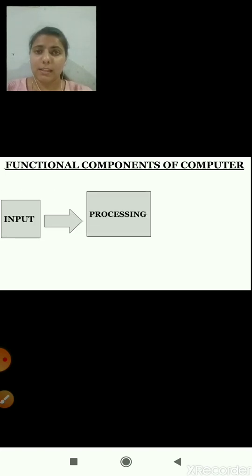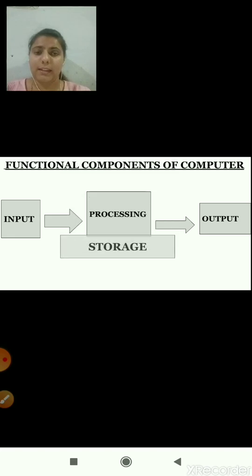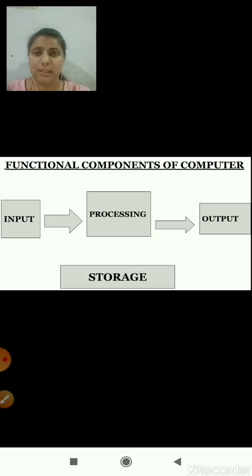Processing means the conversion of raw data into meaningful data. Output, the final result given by the computer to us, is known as output. And storage. Storage is that place where we are keeping our data for future use.